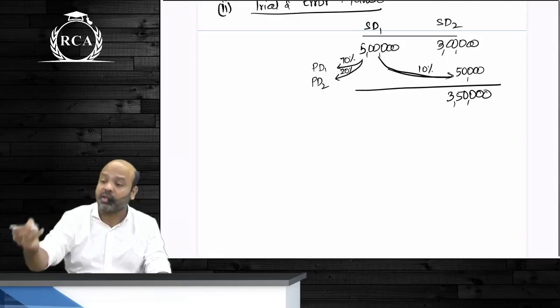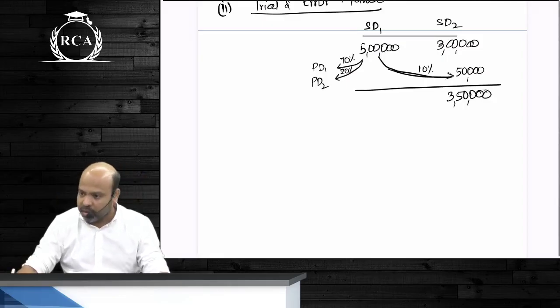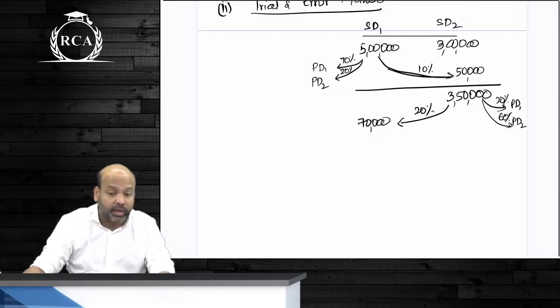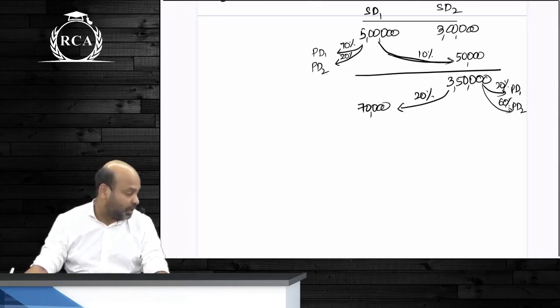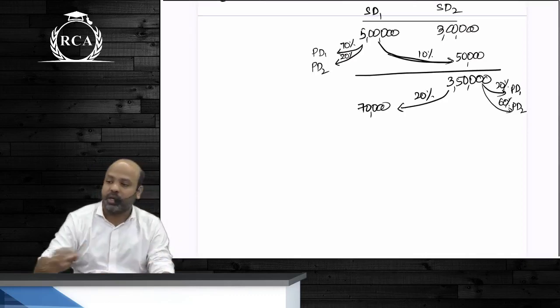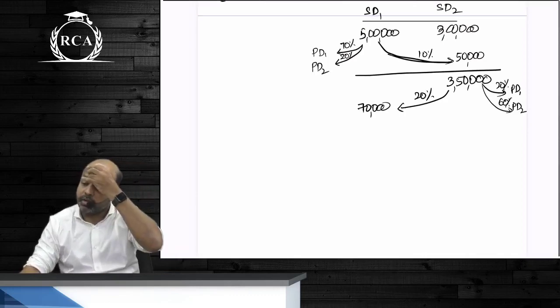You have the answer in front of you. Now, of this 3,50,000, how much went to SD1? 20%, that is 70,000. The remaining 20% went to PD1, 60% went to PD2. I'm not writing it again. I'm only specifying the amount that got retransferred back to SD1. Are you getting it? Yes or no?